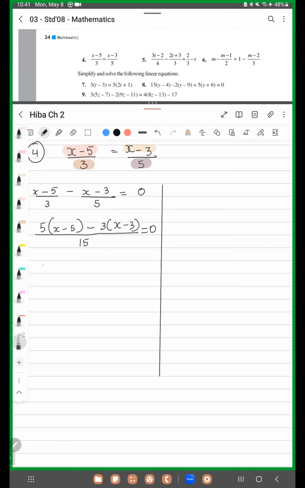ठीक है. अब बताइए न्यूमरेटर में क्या हो जाएगा? It will be 5x minus 25 minus 3x minus 9. What is this? 3x positive plus 9.